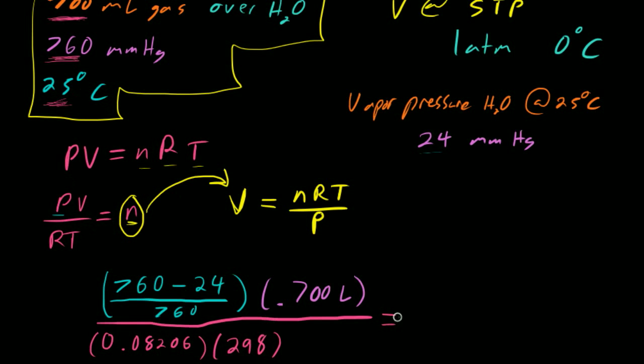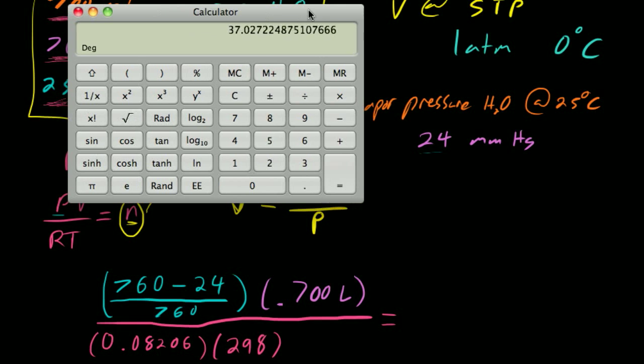So let's actually solve. So we're going to solve for n right now. And I'll get out my calculator. There we go. Clear. So we've got 760 minus 24. So 760 minus 24 is going to give us 736. So we divide that by 760.